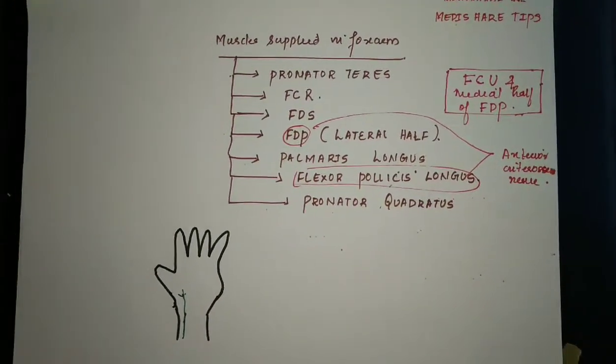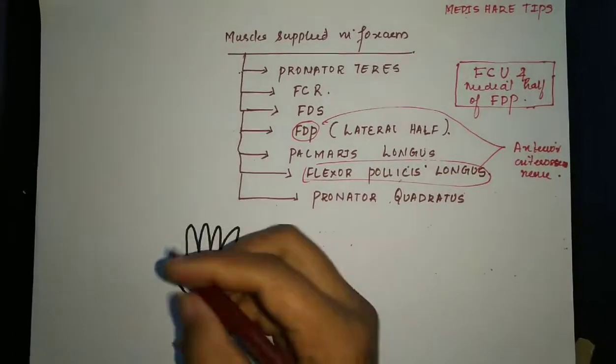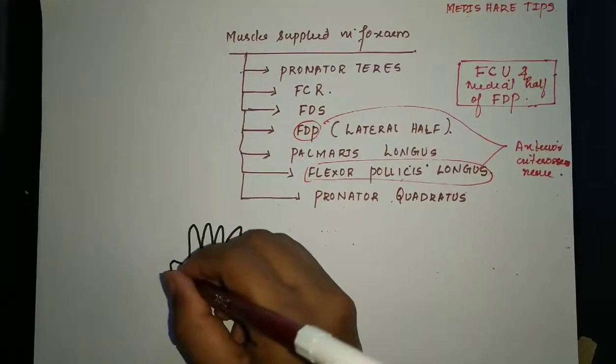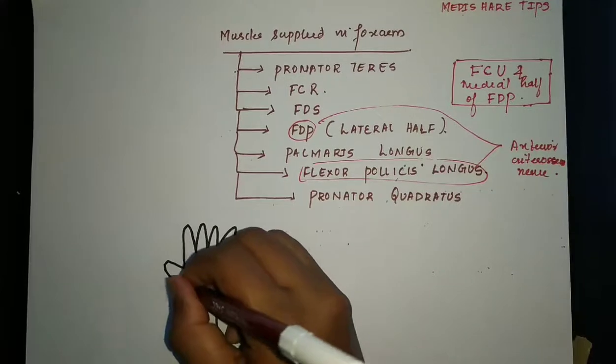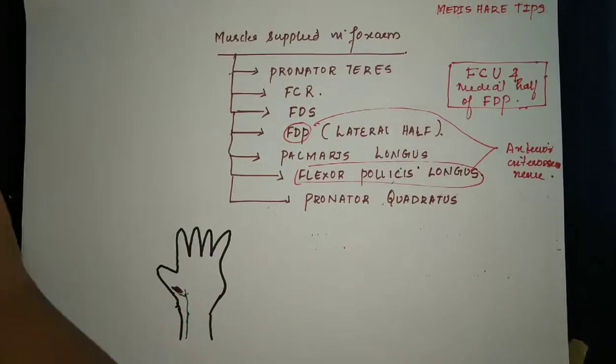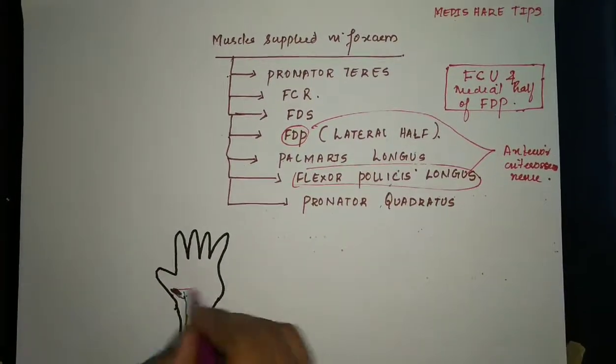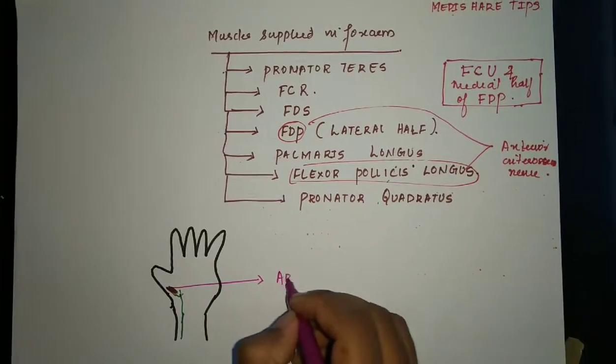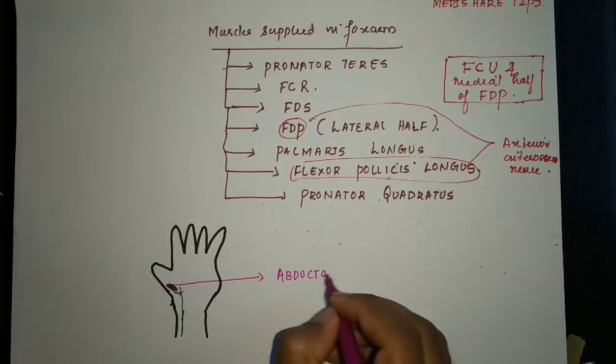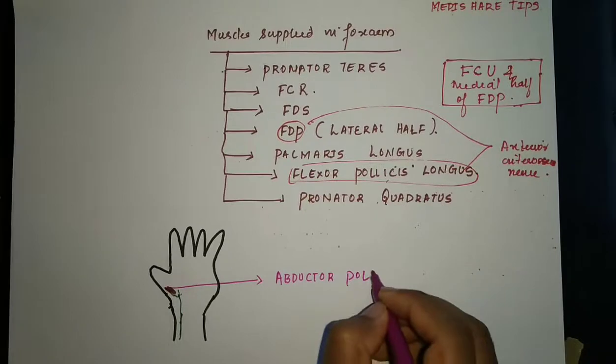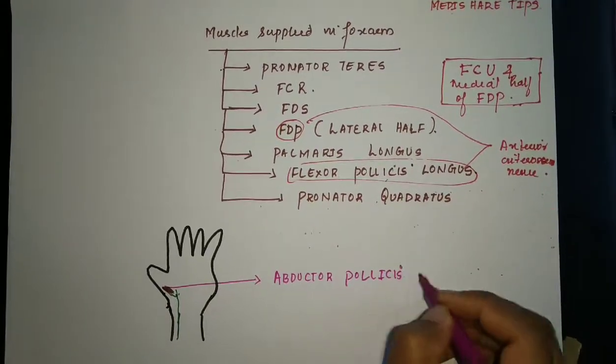Which are the muscles here? It includes the muscle which is known as abductor pollicis brevis.